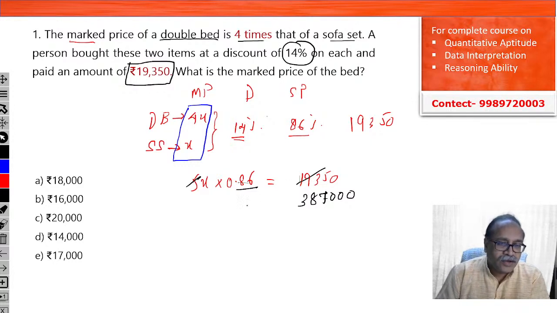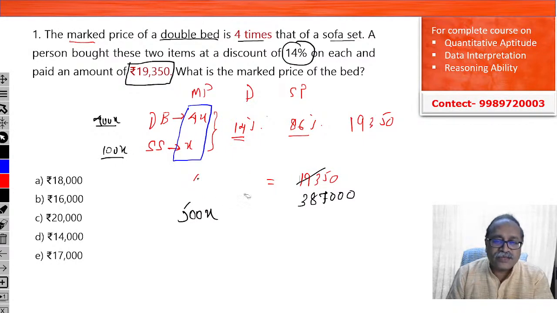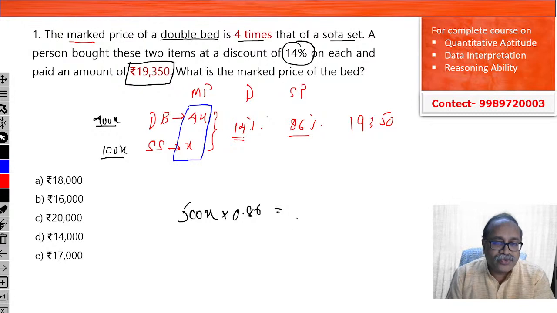What I will consider is, instead of taking this as 5x, I will consider this as 400x, and this is 100x, so the total is 500x. It will be easy from the calculation point of view. So 500x, 86%, so 0.86, which is equal to 19,350.